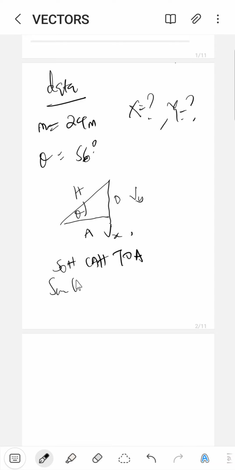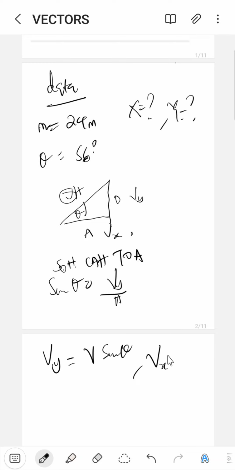Sine theta is opposite over hypotenuse, so vy is v sine theta, where v is the hypotenuse, the resultant vector. And vx is v cos theta.